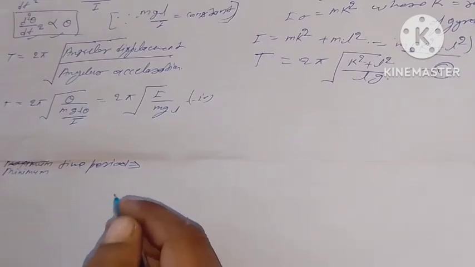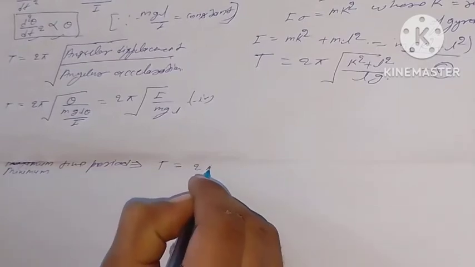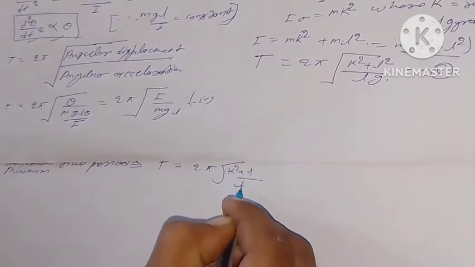To prove this, put the relation for the time period, T equals 2 pi under root of k square plus l square upon lg.